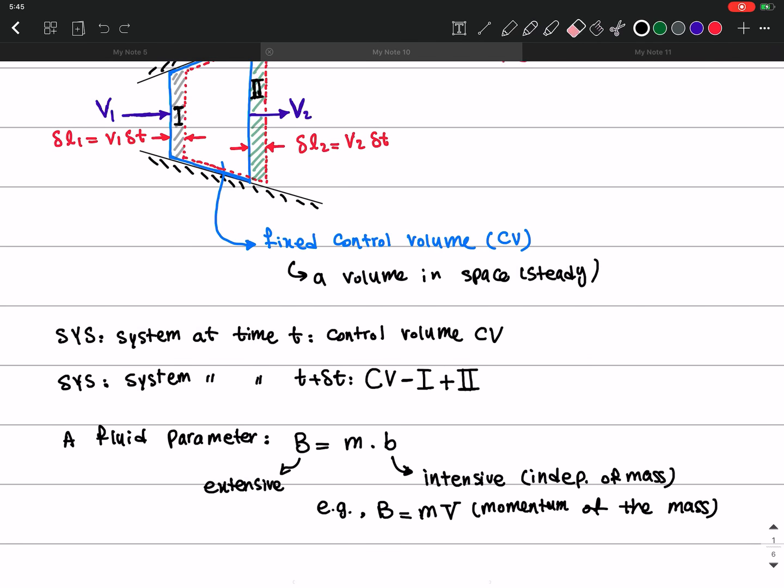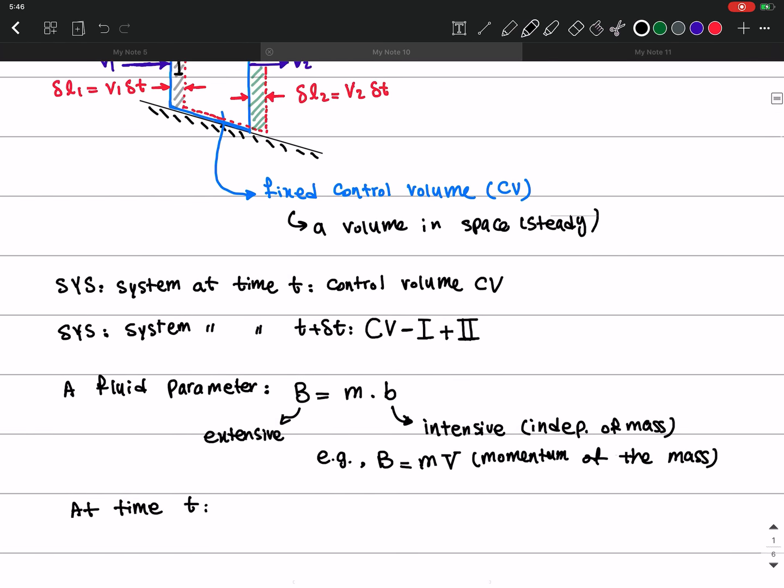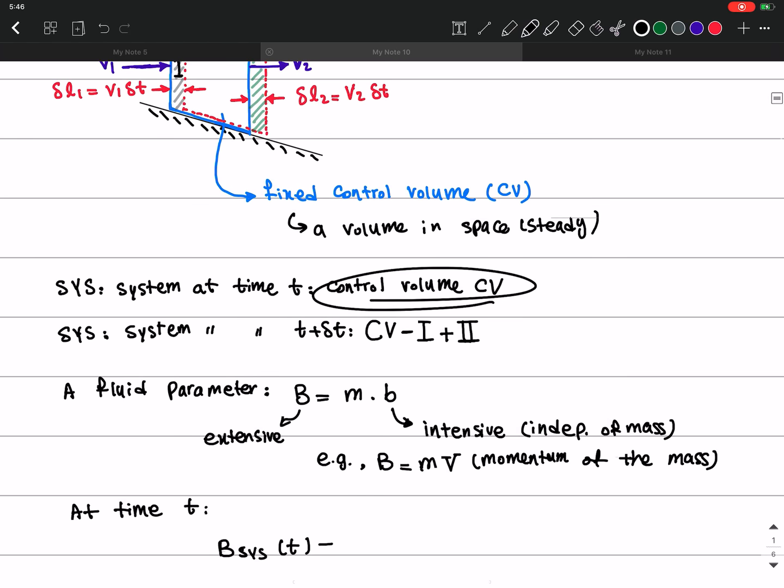So at time t, B of system at time t equals, based on this definition that we had here, B of the control volume at time t, right?